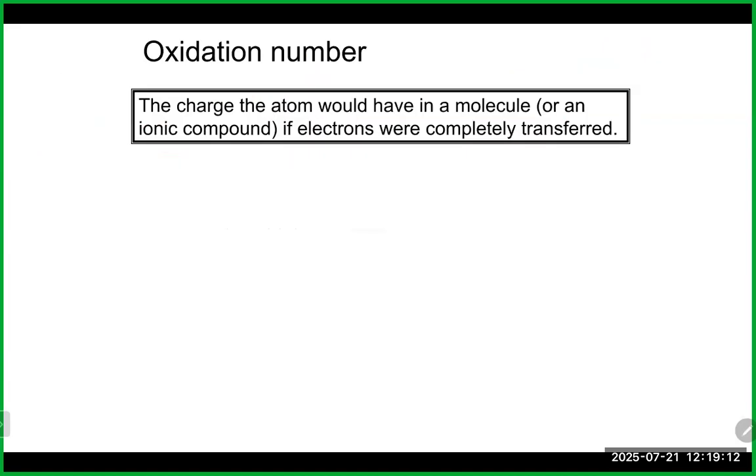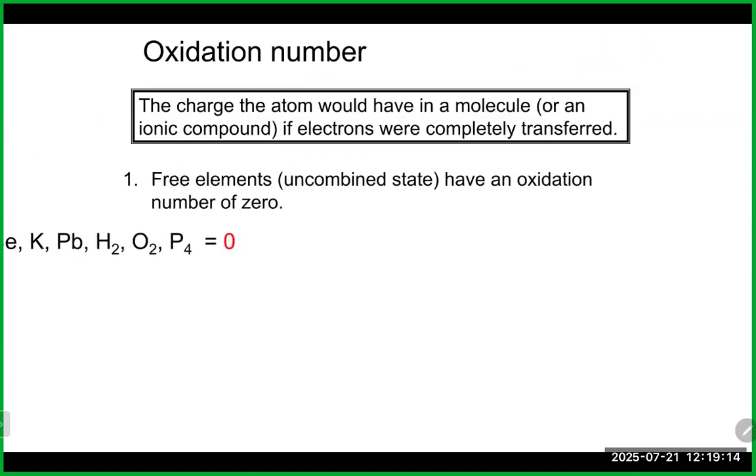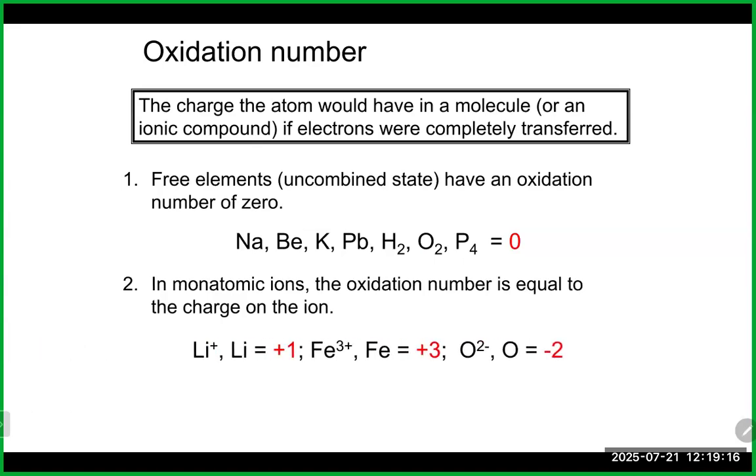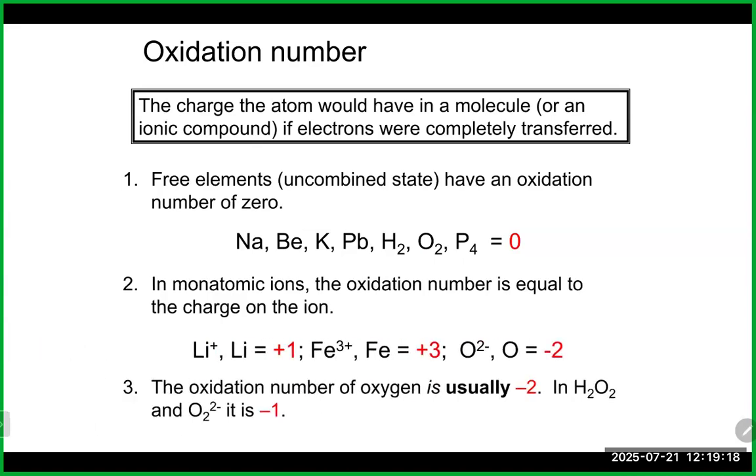All right. So let's talk about how to identify oxidation numbers, or sometimes referred to as oxidation states. And again, a reminder that when you talk about oxidation numbers or oxidation states, it is not always the charge that you think an element will have in its ionic compound, especially if they are sharing electrons through covalent bonding.